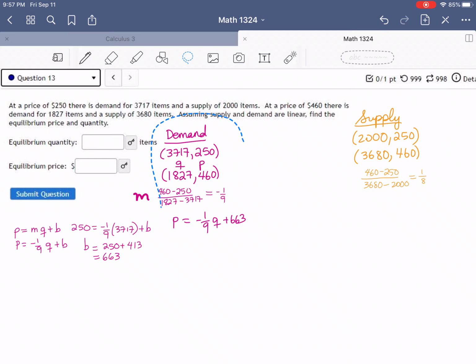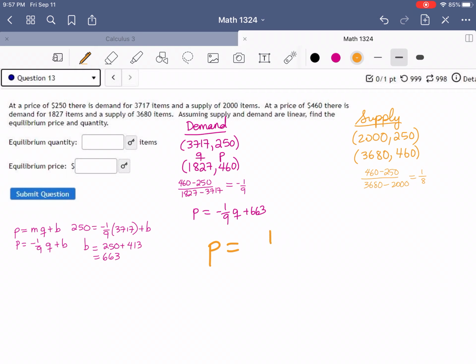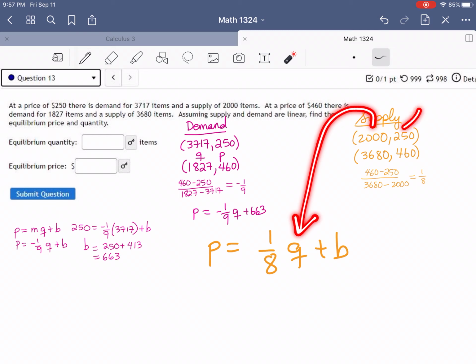So for supply, I'll work that out in orange, P equals 1/8 Q plus B, and we'll go ahead and put in the Q value here and the P value right there.